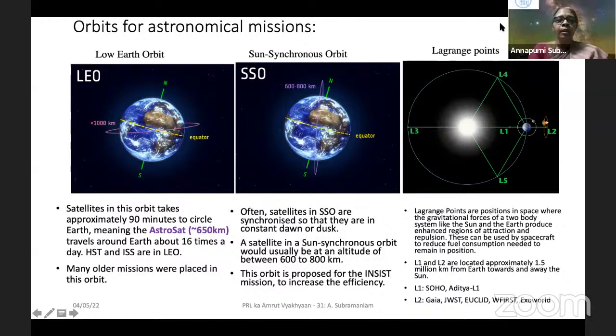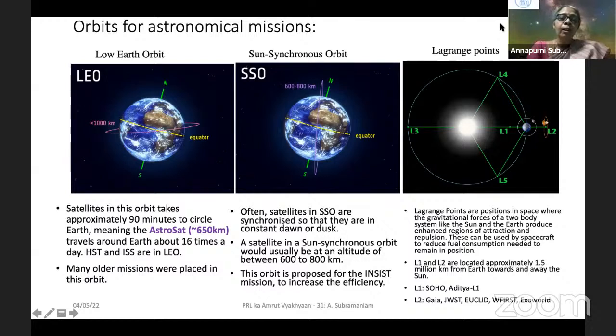One is the low Earth orbit, which is up to a few hundred kilometers, and Astrosat is in the low Earth orbit, at about 650 kilometers. That gives approximately one orbit time of 90 minutes, which would mean that every 90 minutes, Astrosat would pass over Bangalore. HST and ISS are also in low Earth orbits, and many older missions are also placed there.